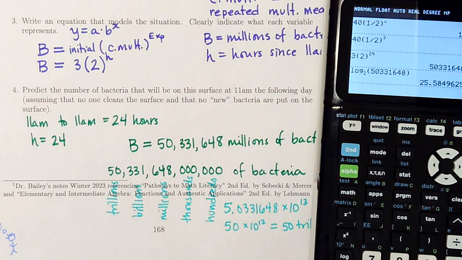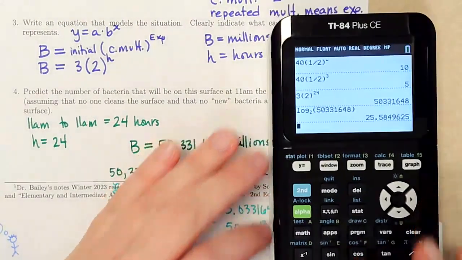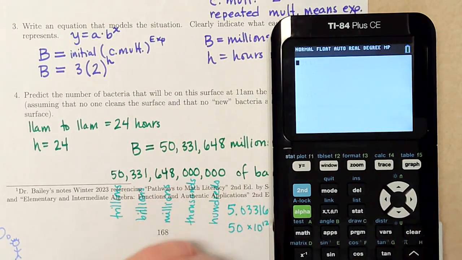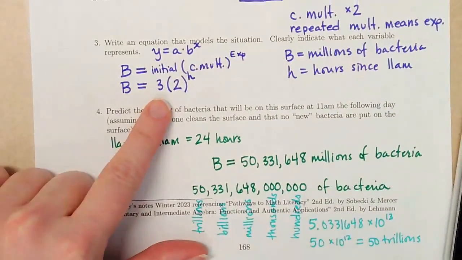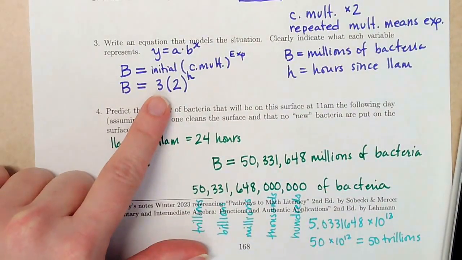Oh, darn it. I forgot about that 3. I had to get rid of the 3 first. We had 3 times 2 raised to the 24th. I did forget to undo the multiplication by 3 first.